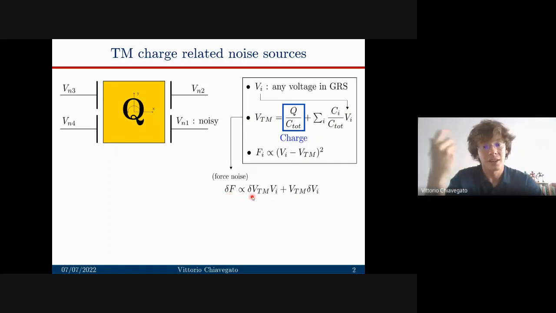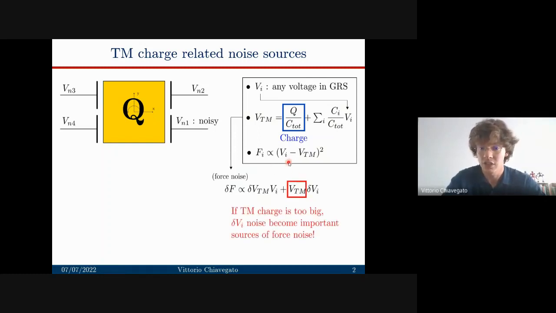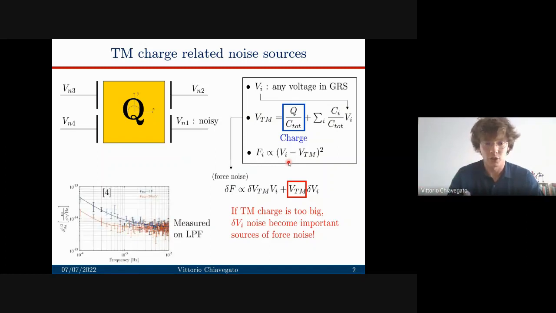It can be done through a fluctuation of the test mass voltage or a fluctuation of the voltages that are around, but times what? The test mass voltage itself. So if this is too big because the charge is too big, for example, then this can become an important source of noise. And this was also measured during the flight of LISA Pathfinder, where the test mass was brought to 1 volt and an increase in noise was measured.